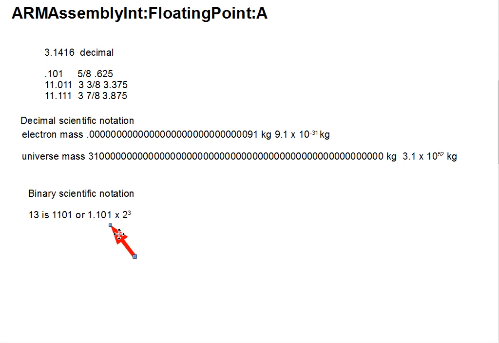And as in decimal scientific notation, the mantissa has exactly 1 digit to the left of the binary point. But note, in base 2, that means the mantissa is less than 2. It's always 1 point something or other.